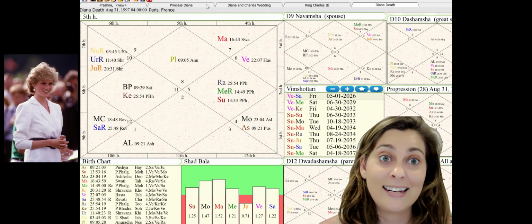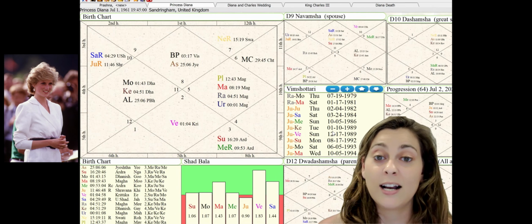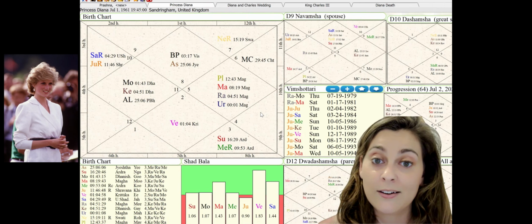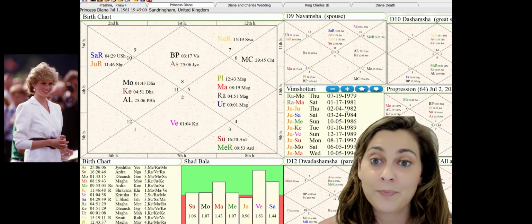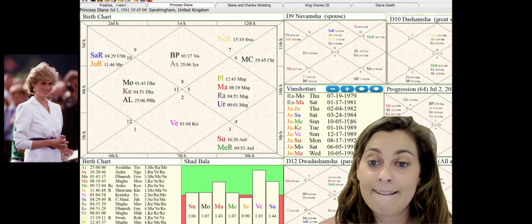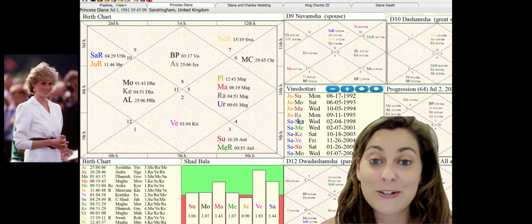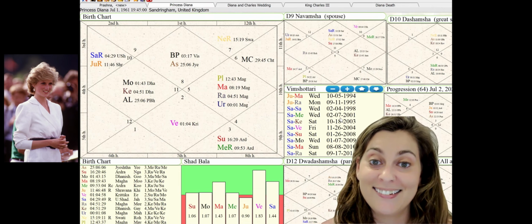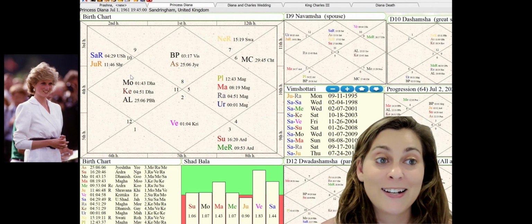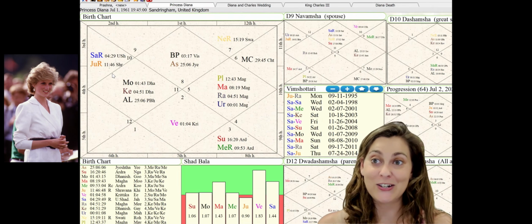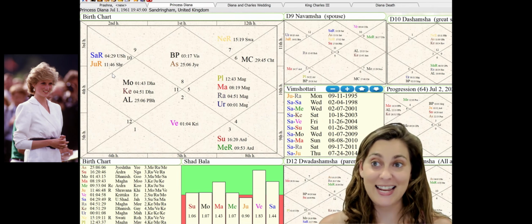Also, in 1997, the time period that she was in, her dashas, let's go here. She was in her Jupiter Rahu period. She was in her Jupiter return. That means Jupiter was transiting her natal Jupiter.